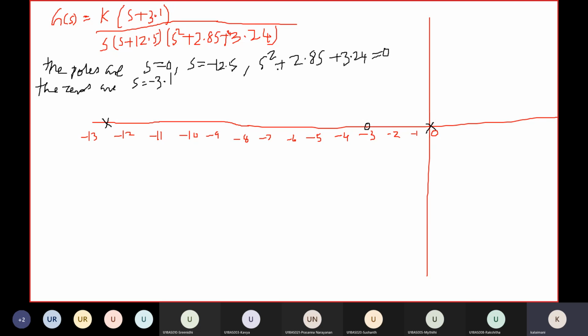Poles. Then if you solve this equation, s square plus 2s plus 3.24, while solving this equation, what are your roots? Please anyone tell us what are the roots?